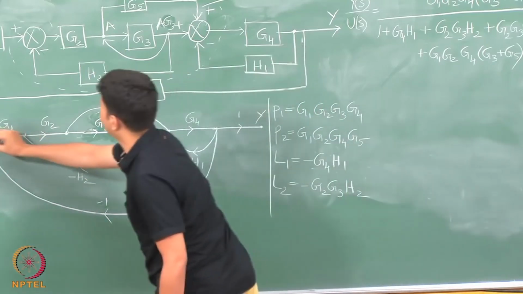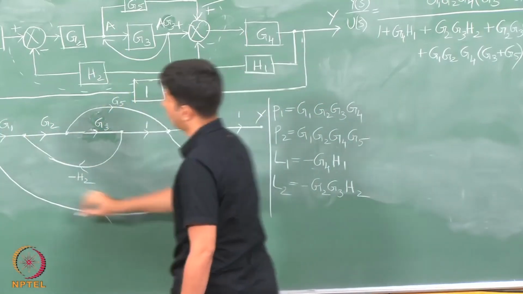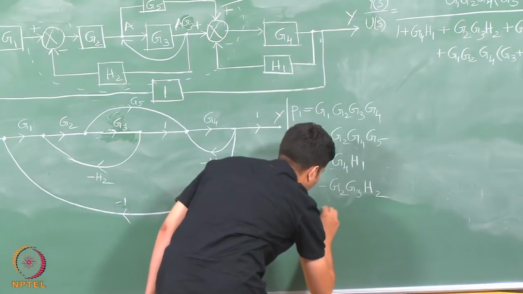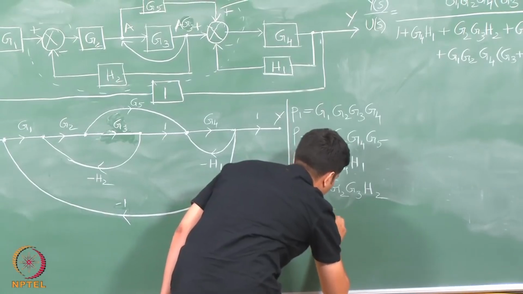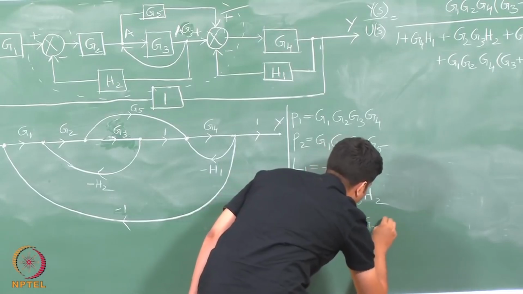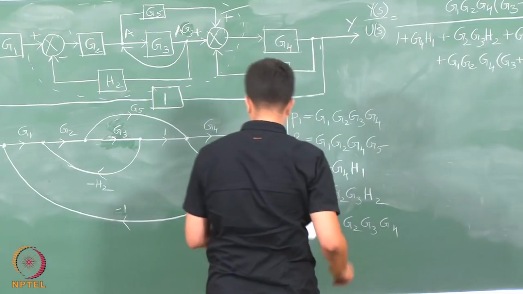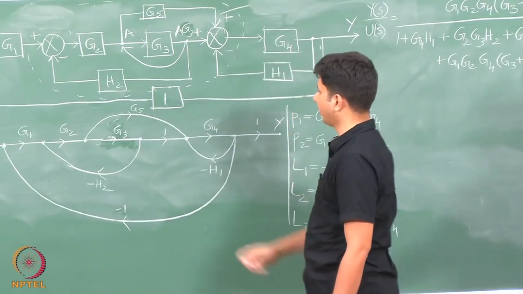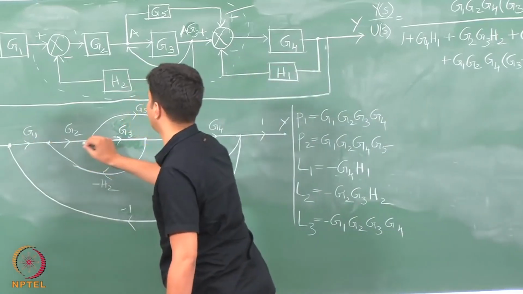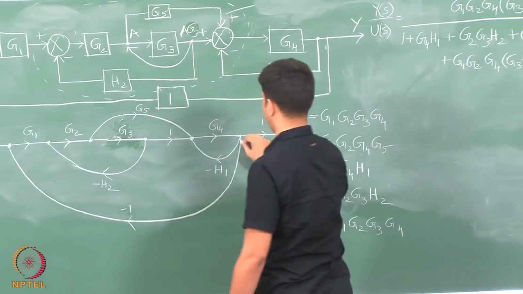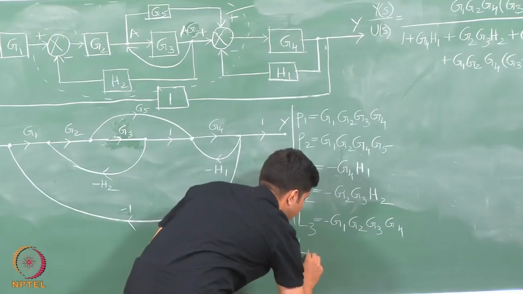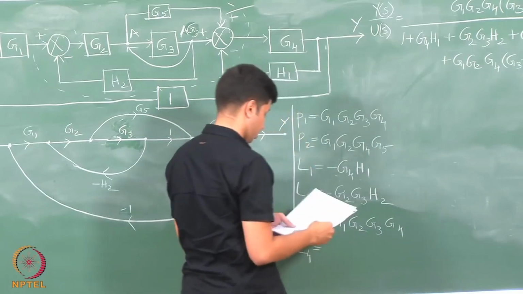And another loop is G1, G2, G3, G4 with unity feedback. And you should be careful that there is also another loop with G5, that is G1, G2, G5, G4 with negative feedback. Generally people miss out on this, so we should be careful here.